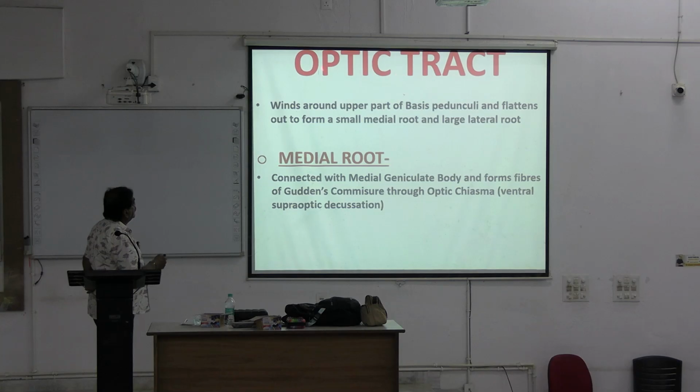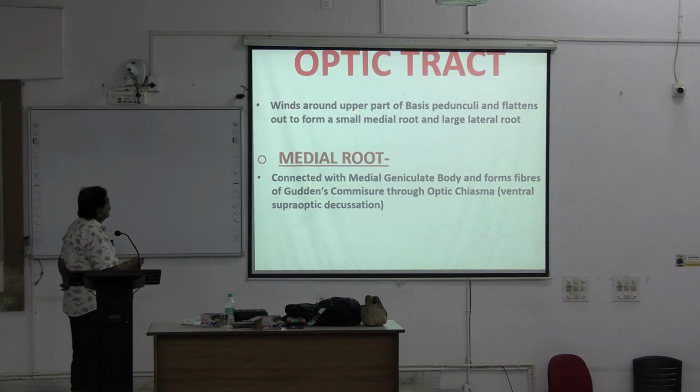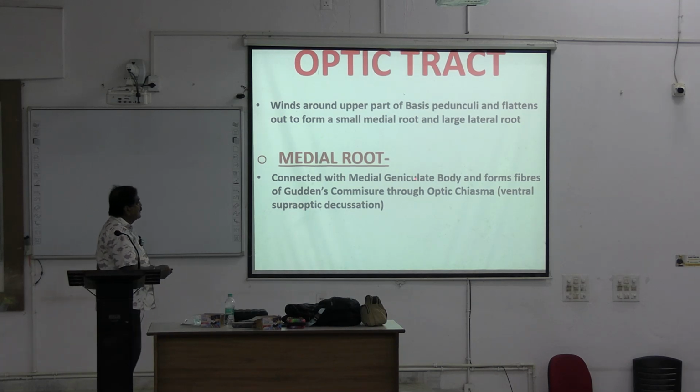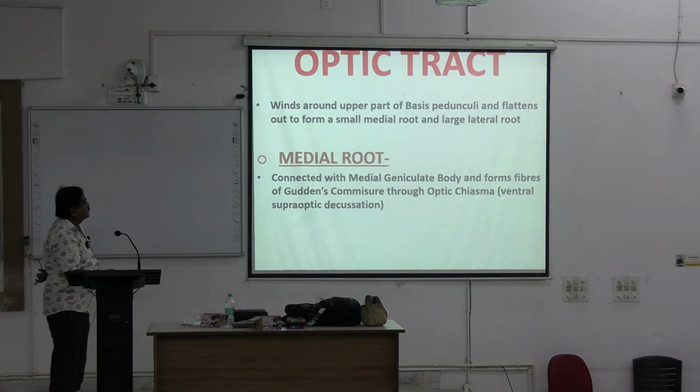The medial root is connected with the medial geniculate body and forms fibers of Gudden's commissure through the optic chiasma, the ventral supraoptic decussation.